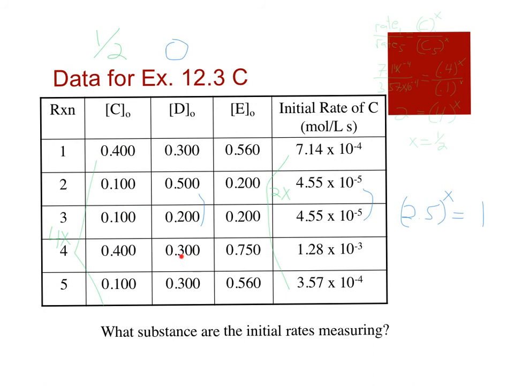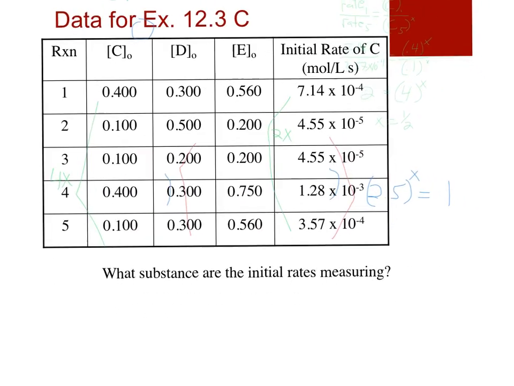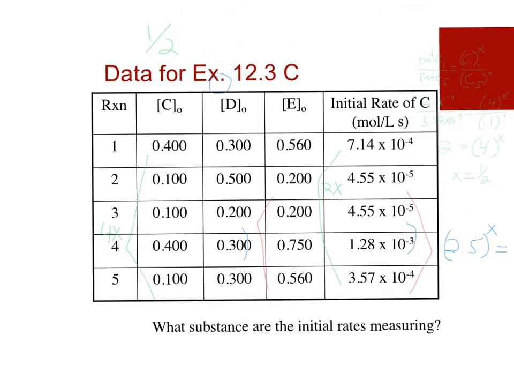But then I can get the rate law of E from 1 to 4 is 0.56 to 0.75. And 7.14 times 10 to the negative 4th to 1.28 times 10 to the negative 3rd. So this is going to take a little bit of math here as well to look at this one.